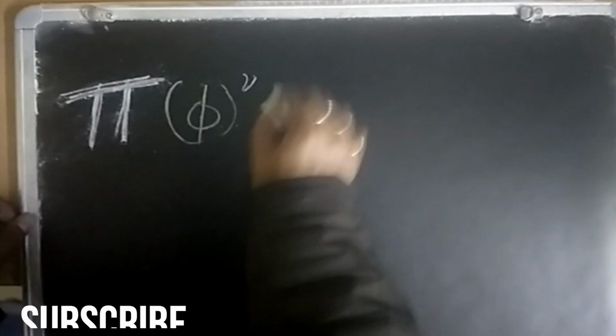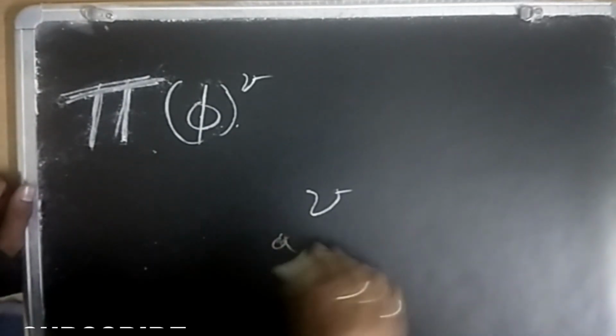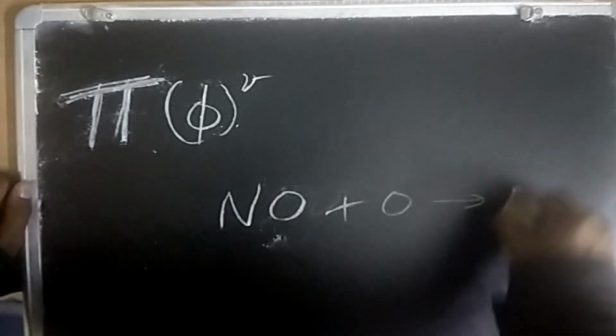Now finally, for the chemical reaction equilibrium, we know it is pi, capital pi means product, of the phi i to the power mu. Mu here means, let me give some example. Let's say NO plus half O2 gives NO2.